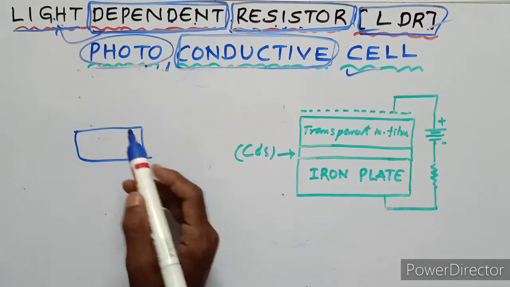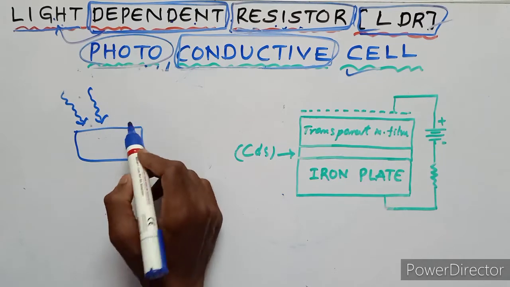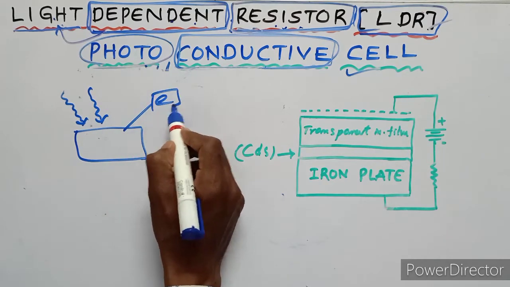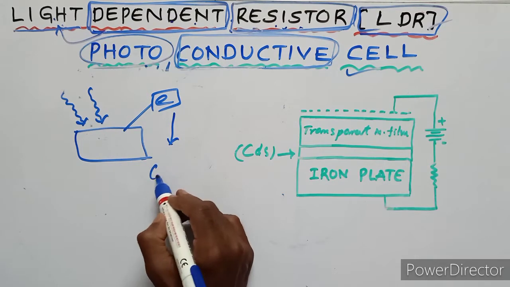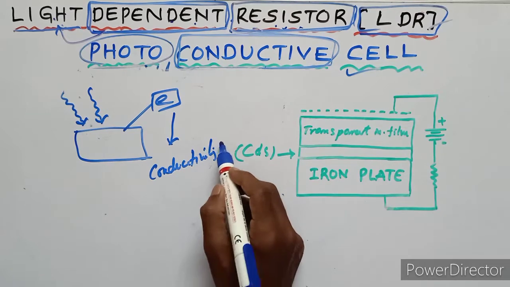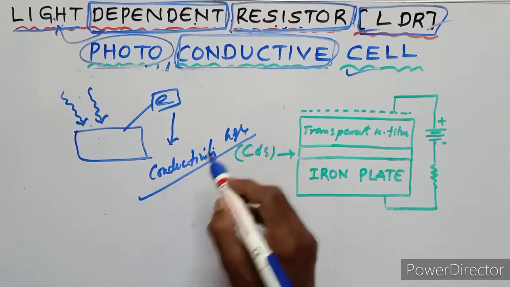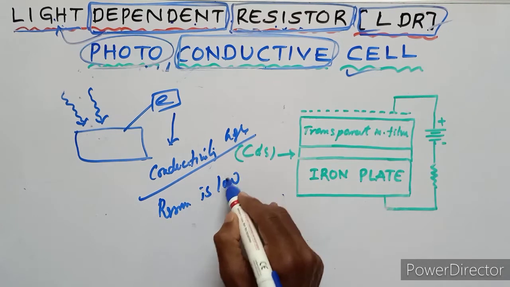At the same time, this is the metal, light is incident on the metal, and electrons are emitted. If electrons are emitted, the conductivity is high. If conductivity is high, resistance is low.